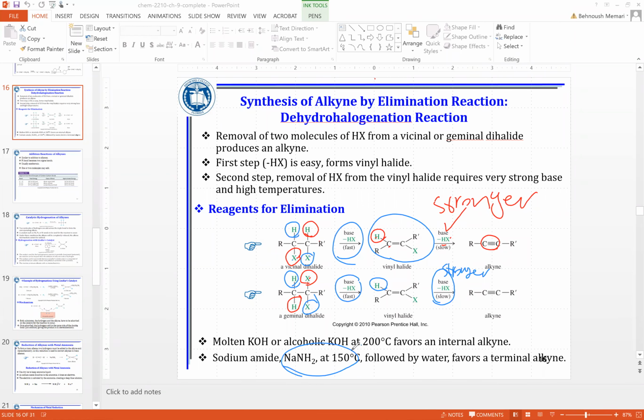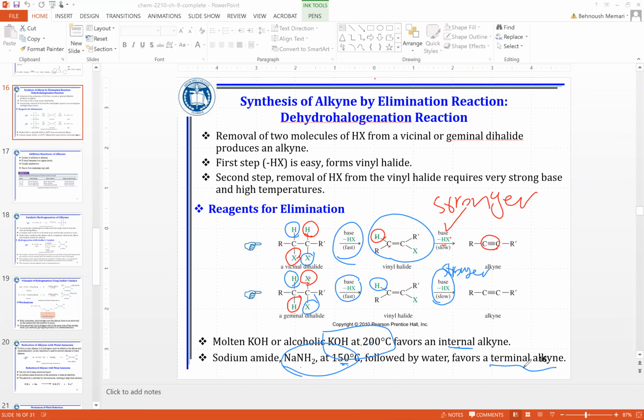For different conditions, you're going to get an internal alkyne versus when you have two possible products. If you set the reaction with potassium hydroxide and 200 degrees, you get the internal alkyne. But if you set it at 150 with sodium amide, you would get the terminal alkyne.